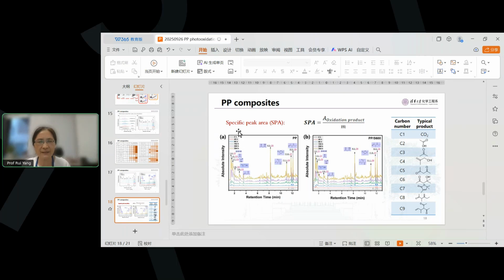So we defined the specific peak area, SPA, as shown here. That means the intensity of oxidation products divided by the sample mass. By this way, we can compare the relative concentration of various kinds of these products.